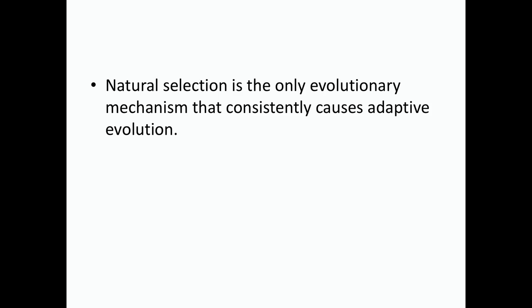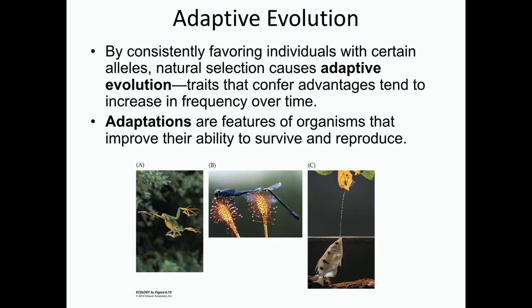Okay. So let's talk a little bit more about adaptive evolution. Adaptive evolution is why we see some really neat features in organisms that seem so complex that it's hard to imagine them coming about.